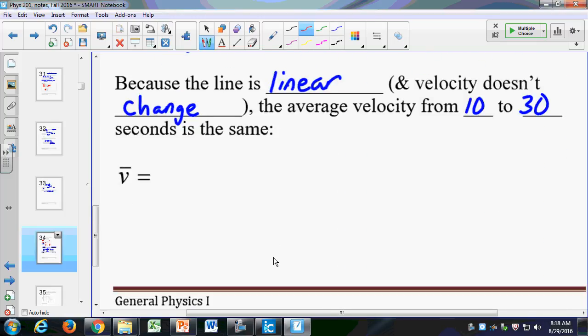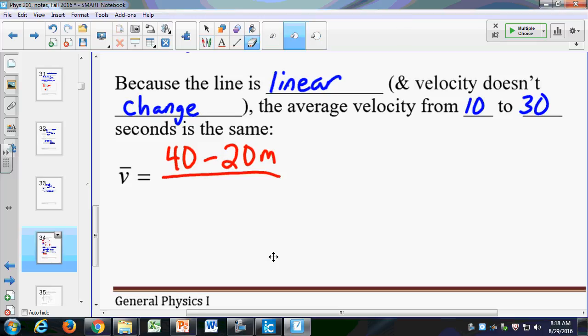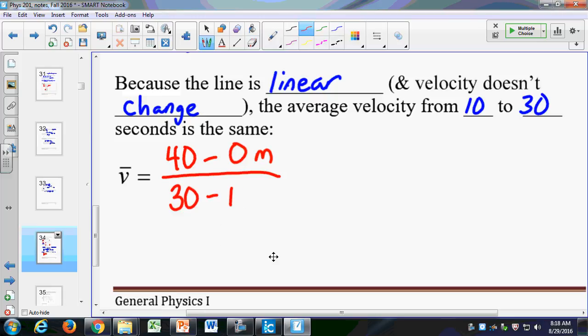So when I put this in, it'll be 40 minus 20 meters. Or excuse me, not 20, it was, what was it? 0, wasn't it? Over 20 seconds. Write that out. That was from 30 minus 10. And so that's going to be 2 meters per second as well.